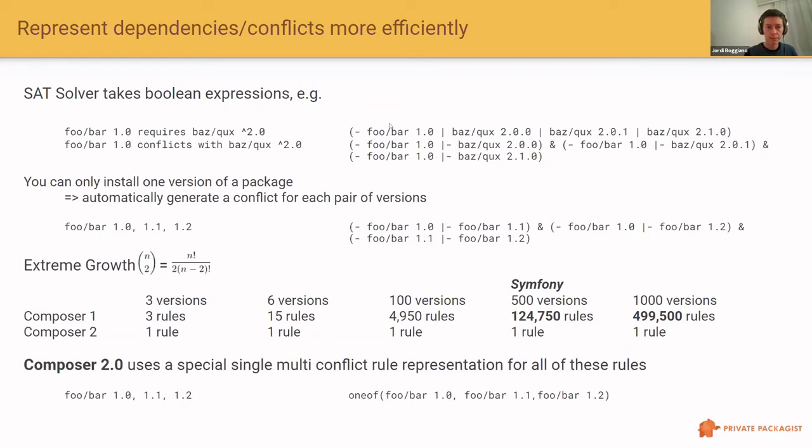What this gets translated to is a set of expressions, which is that either the foobar package is not installed, so with the minus, it means that either this is not installed, or we need bazcooks 2.0 to be installed, or 2.0.1 installed, or 2.1.0 installed. That really just defines that this one is either not going to be there, or it needs its dependencies to be installed.